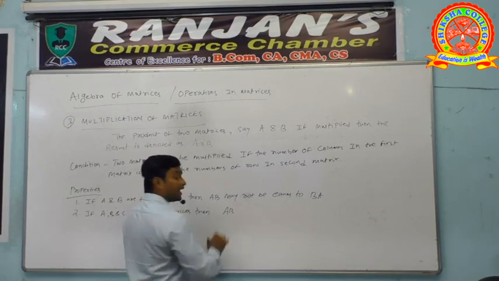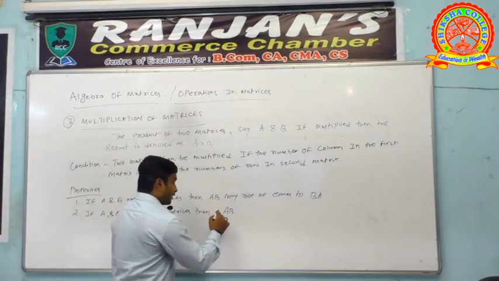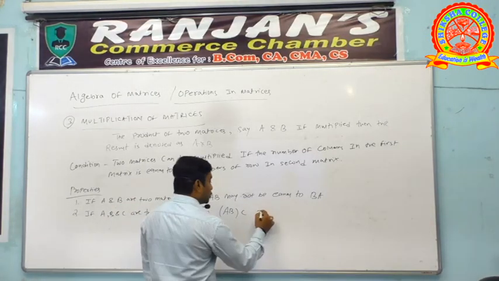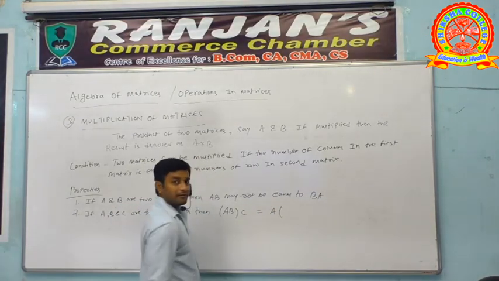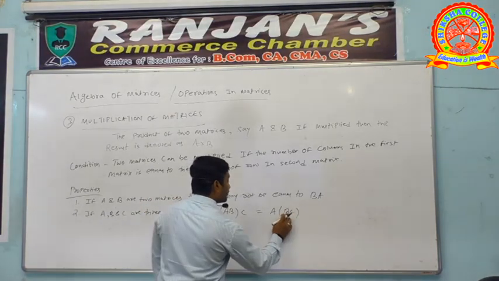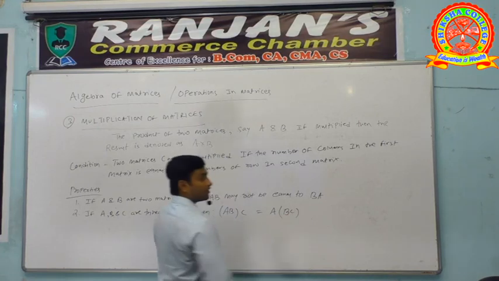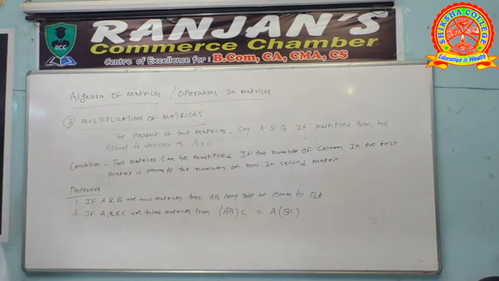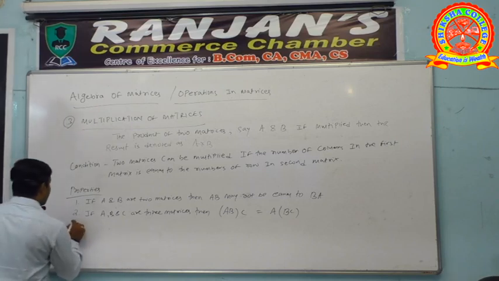If we do A into B and the product is multiplied with C, it is equal to A multiplied with B into C. Okay, clear?